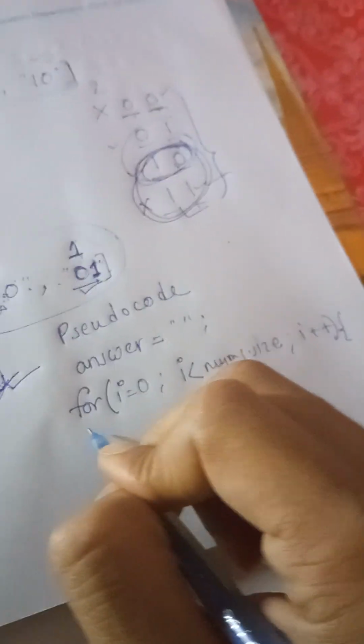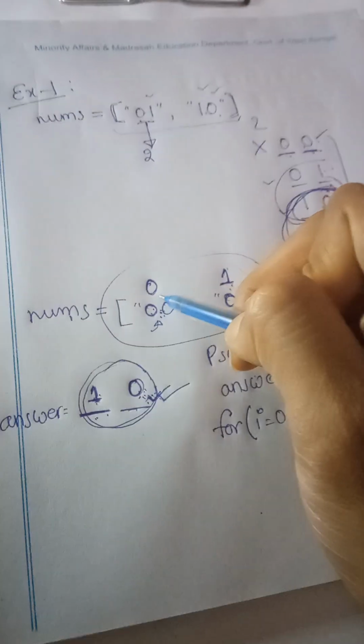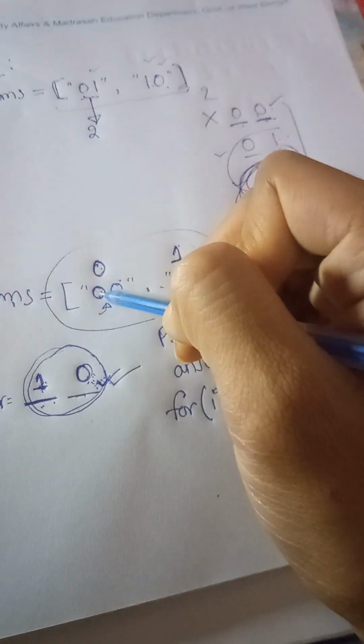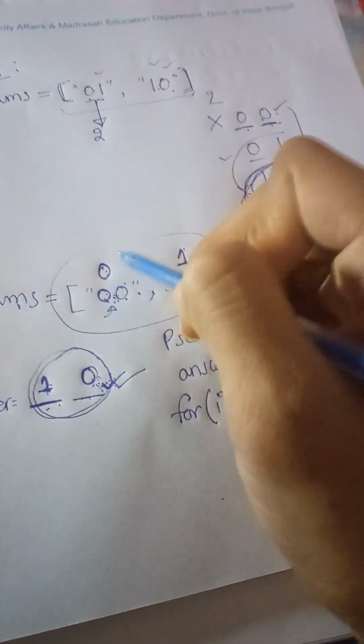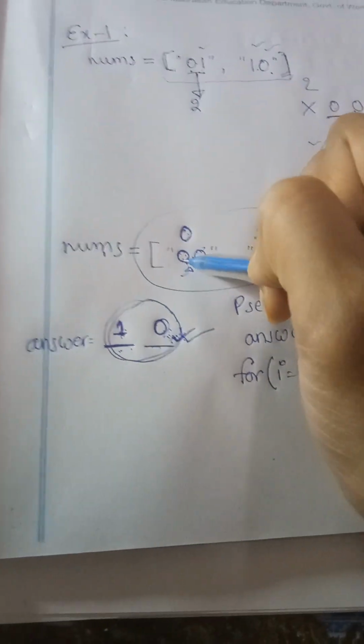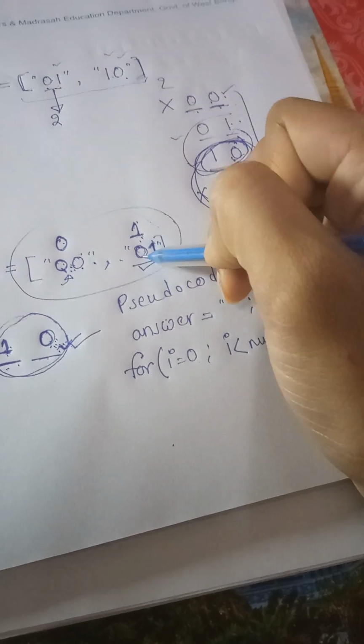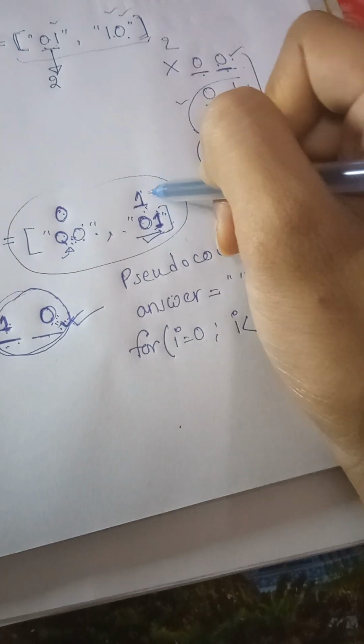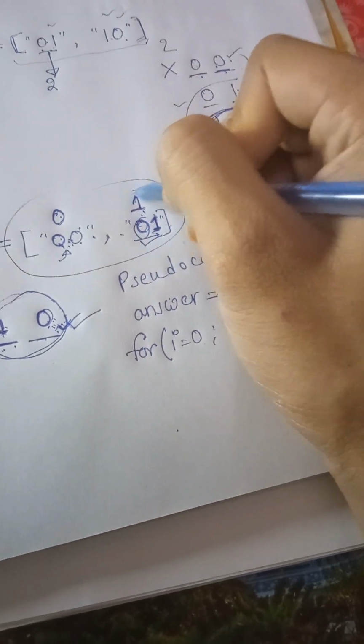So I am accessing the ith character of the ith string. Here you can say the 0th character of the 0th string, and here the first character of the first string. So I can generalize that it is the ith character of the ith string.